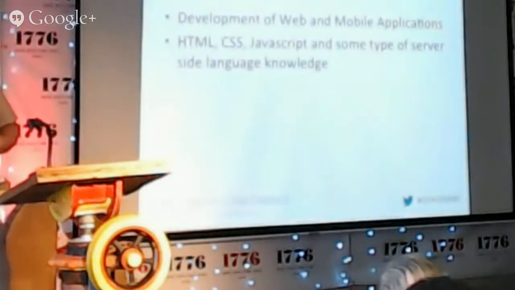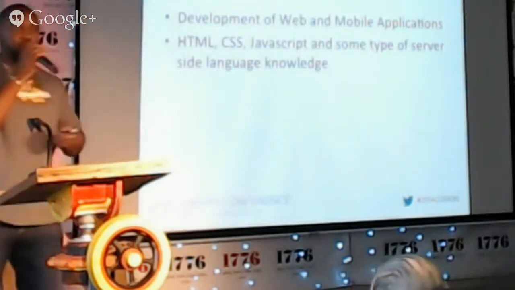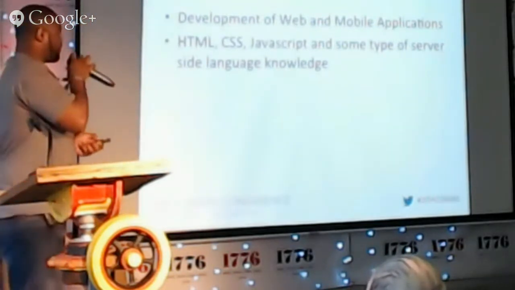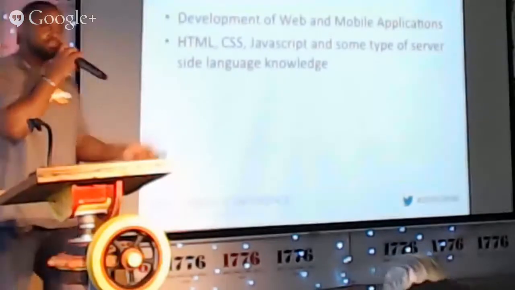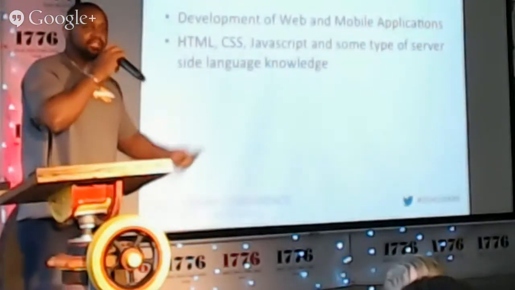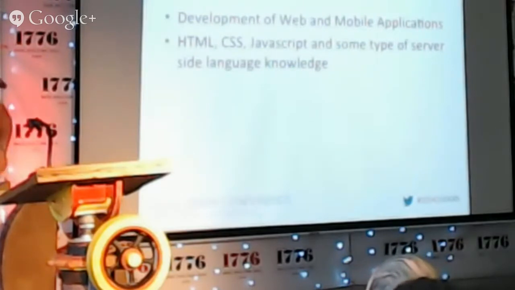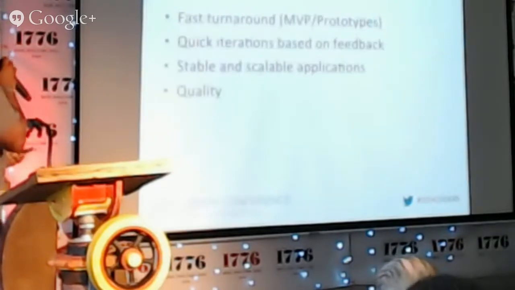So in terms of Coders4Africa, what type of mercenary skills do we have? Development of web and mobile applications, and that's of course using HTML and CSS. I didn't put HTML5 because it's a buzzword everybody's using. You have to handle HTML and CSS, and you need to know some type of server-side language to make that connection.